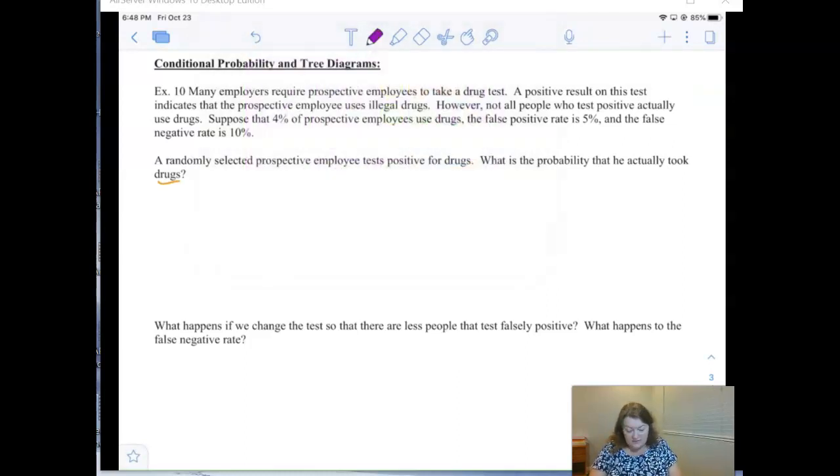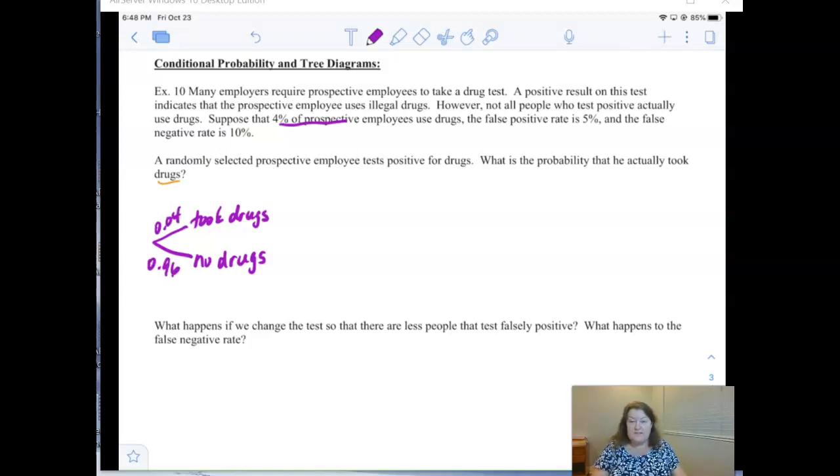So the first one is going to be took the drugs, and the other one is no drugs. So do we know those percentages? So I'm reading back through and it says, suppose 4% of employees use drugs. Okay, so that's this one right here, so 4%. Okay, that means that the other one is 96%.